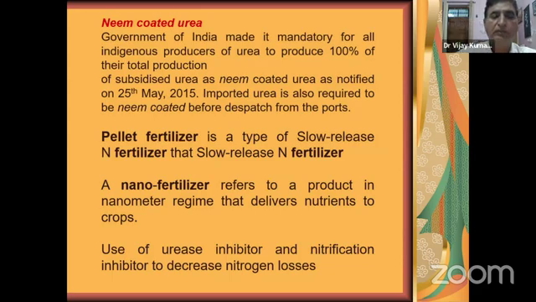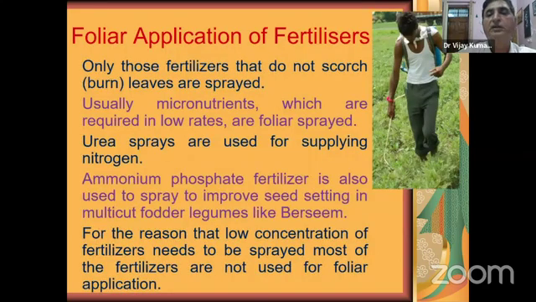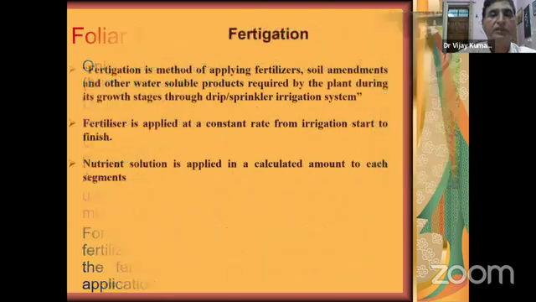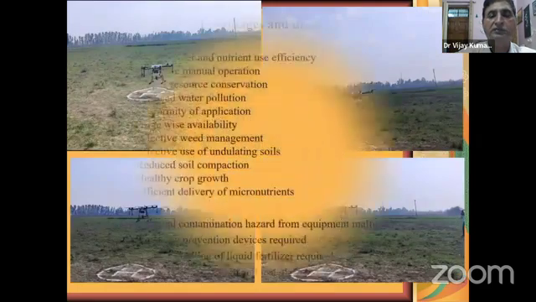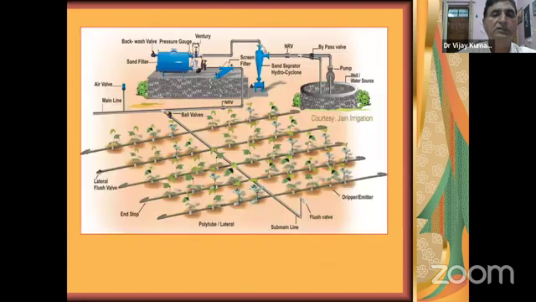Use of urease inhibitor or nitrification inhibitor to decrease the nitrogen losses. Foliar application, as I said, we can spray the nutrient through the fertilizers directly onto the plant parts. Then fertigation, sorry, this is fertigation.